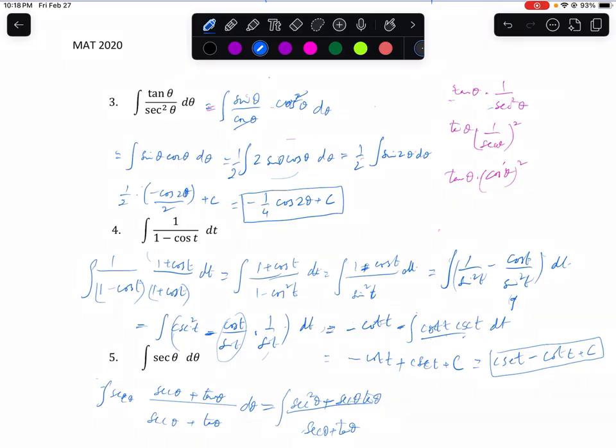So I'm going to erase this, although you can leave it as it is, but just to show you clearly. Now the top is the derivative of the bottom. When we have that situation, we just get the ln of the bottom. So the answer will be ln of the absolute value of tangent theta plus secant theta plus c.